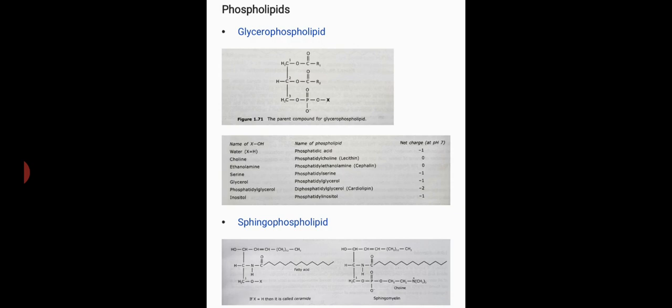These are glycerophospholipids and sphingophospholipids. Glycerophospholipids are derived from glycerol, whereas phospholipids derived from sphingosine are called sphingophospholipids.